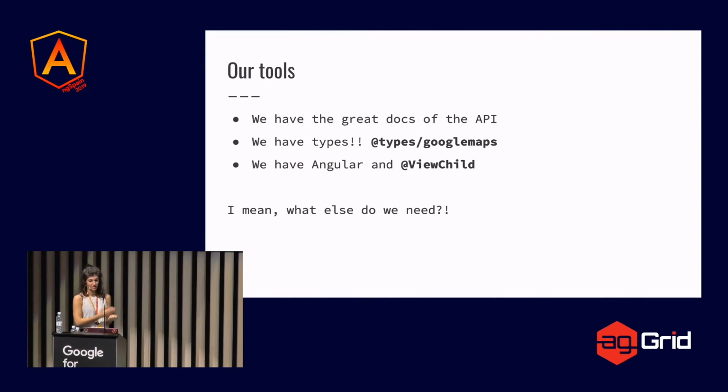We have the types of Google Maps that you can install in your application, and then the object is defined and recognized, and you have access to all the sub-objects that everything offers. And we also have Angular, of course, and ViewChild, and all the DOM interactions that, again, were presented in the previous presentation. So, what else do you need?